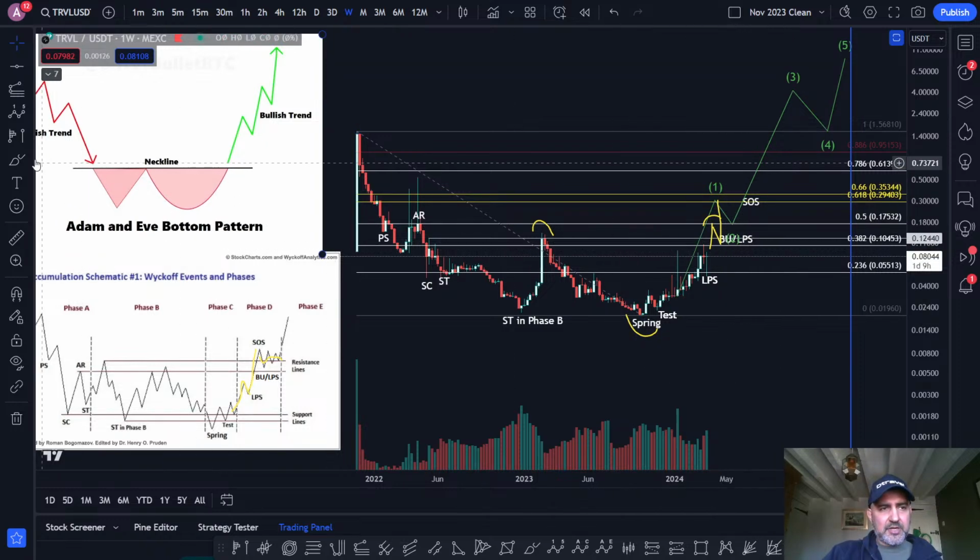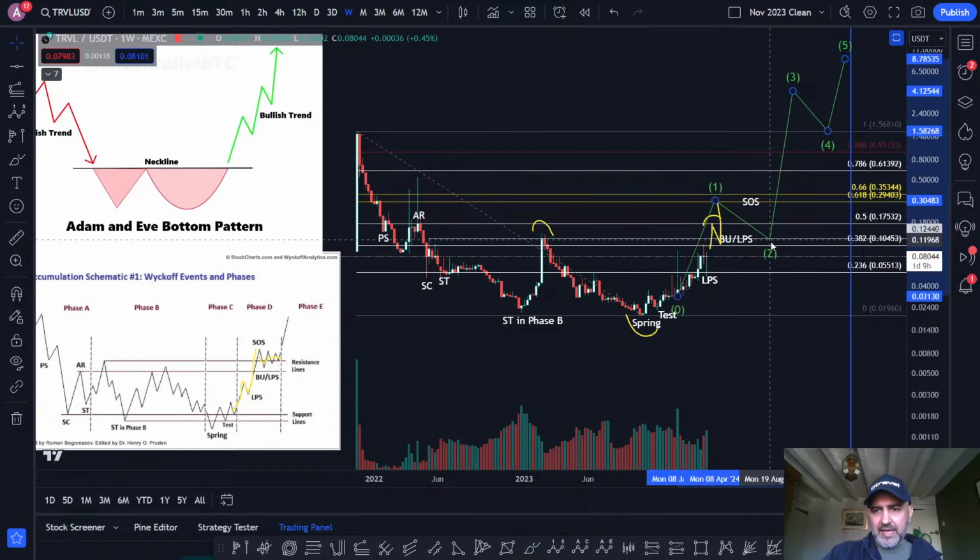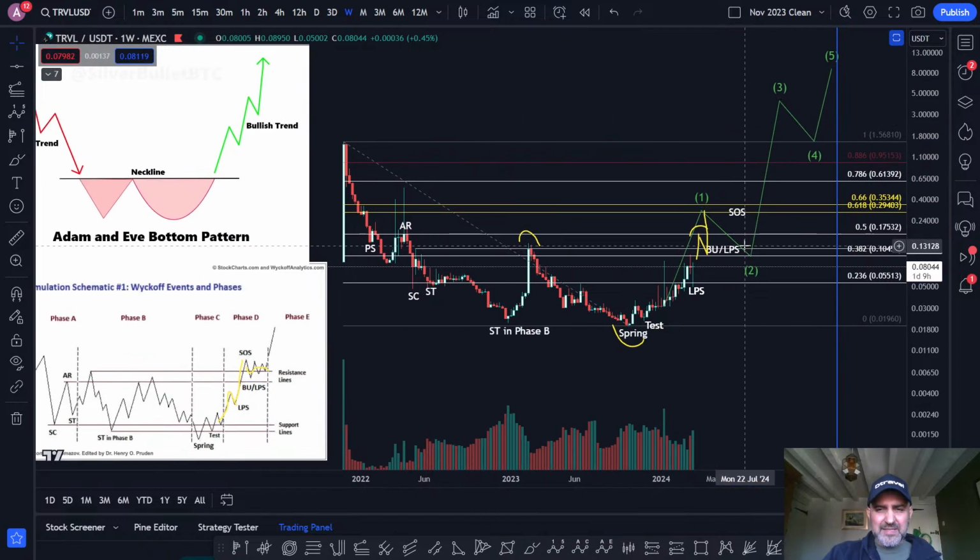But in a correction, if you do go up to the golden pocket and then you have some kind of ABC, I don't think I want to see the price come much lower than the 382. And that's going to be like a prolonged ABC, potentially. It depends on Bitcoin.